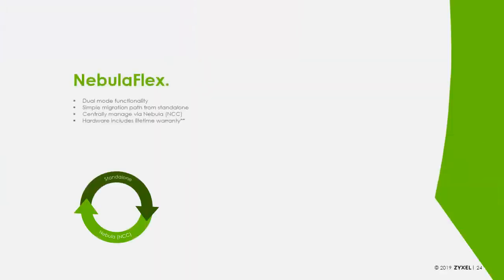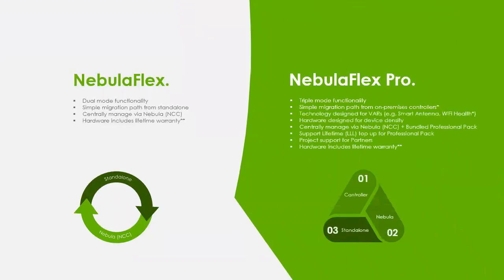Then if you're looking at our access points, you will see some of them are called Nebula Flex Pro. So what's the difference between Nebula Flex and Nebula Flex Pro when it comes to APs? Nebula Flex Pro APs can also be managed through a wireless LAN controller. That can be one of our standalone NXC controllers or one of our UAG, USG firewall gateways, which have a built-in wireless LAN controller.